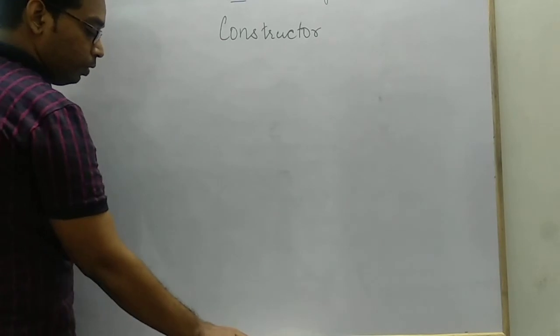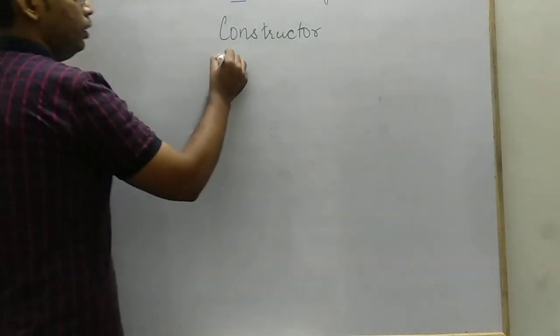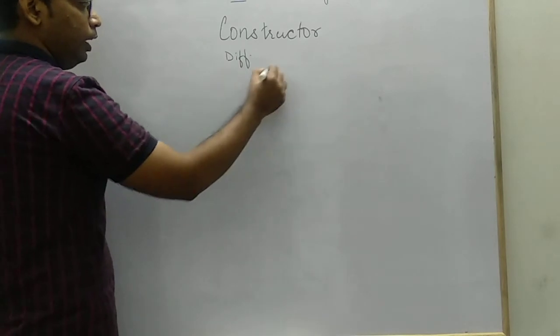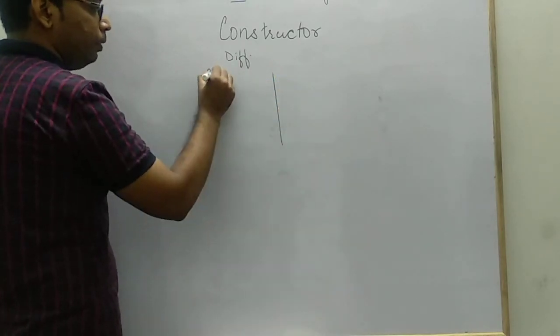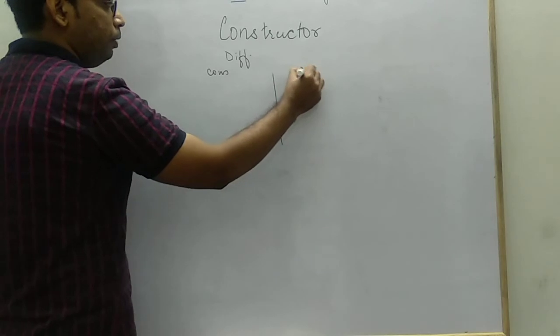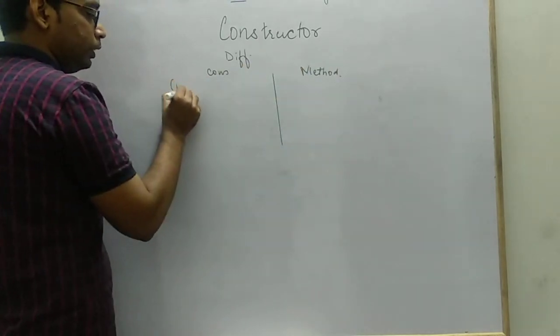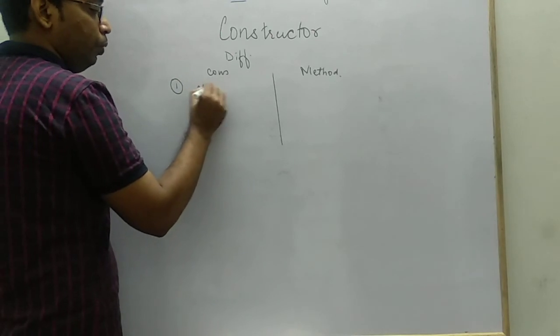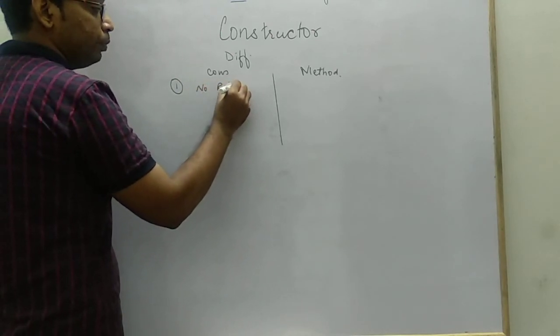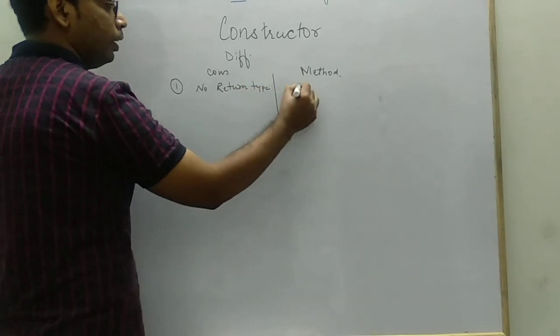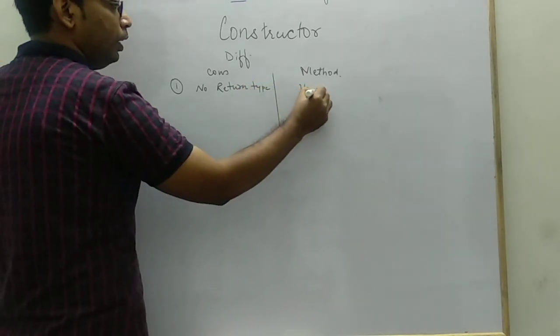Now what is the difference between the method and the constructor? I am dividing it: here is constructor, here is the method. The first point: constructor has no return type, here the method has a return type.